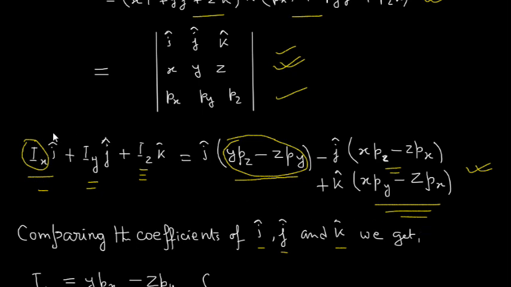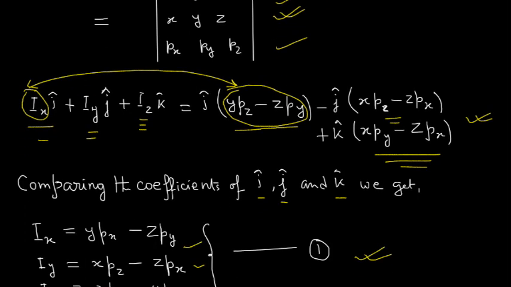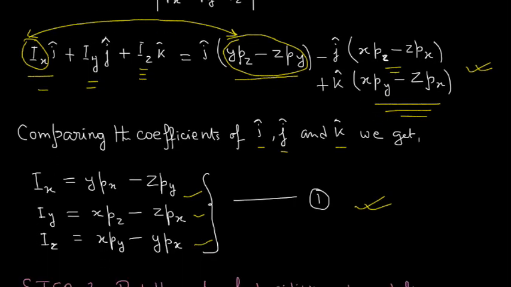So basically, if we compare the coefficients of i, j and k, for example, this should be equal to this. So similarly, coefficient of j on the left hand side should be equal to coefficient of j on the right hand side.